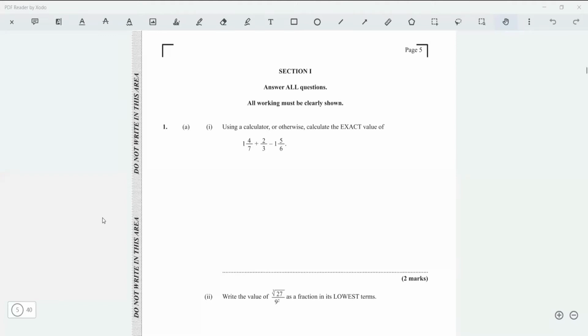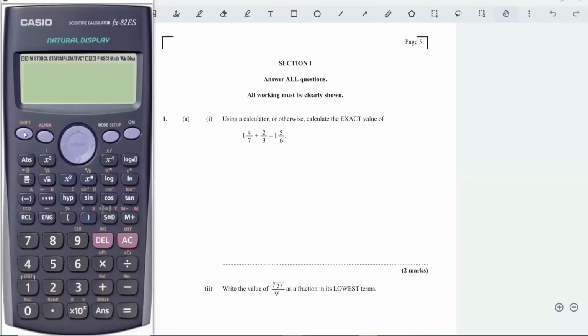We put in 1 and 4 over 7 plus 2 over 3 minus 1 and 5 over 6, and we get 17 over 42. So all of this is just 17 over 42.